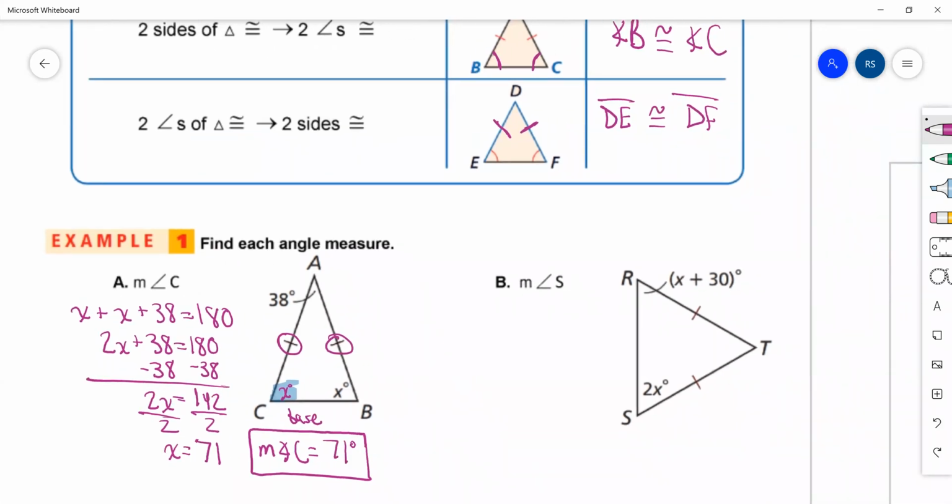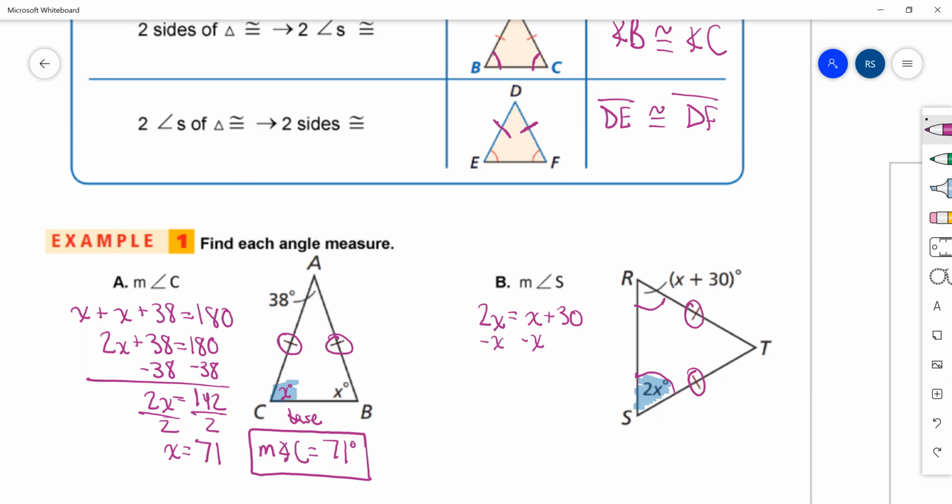Okay, let's look at B. Again, we're told that these two legs are congruent, which means these two angles must be congruent. R and S must equal each other. And they ask us in particular to find angle S. Well, to find X first, let's just set 2x equal to x plus 30.